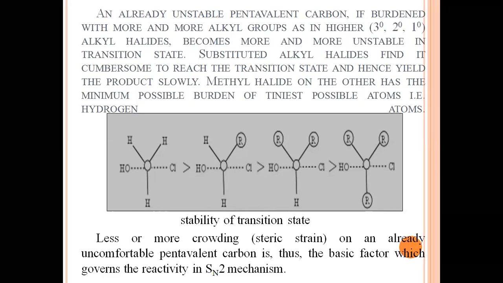The substituted alkyl halide finds it cumbersome to reach the transition state and hence yields the product slowly. Methyl halide, on the other side, has the minimum possible burden of the tiniest possible atom, that is the hydrogen atom.